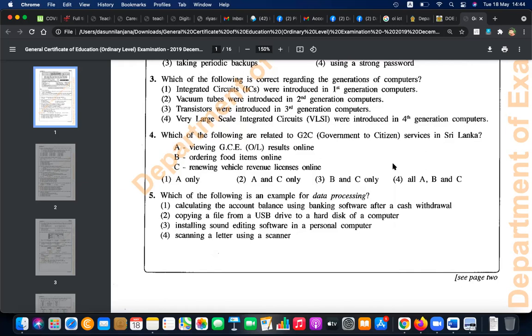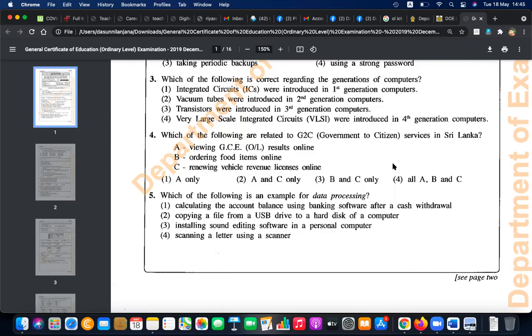Second generation: transistors, right? If you don't know, please write it. So first generation vacuum tubes, second generation transistors, third generation IC. Yes, as you said, third generation IC.